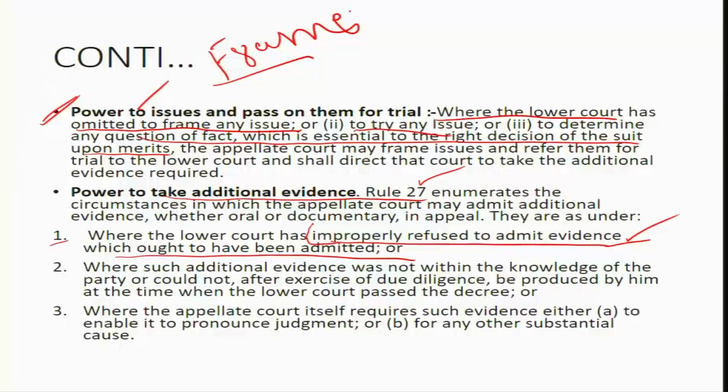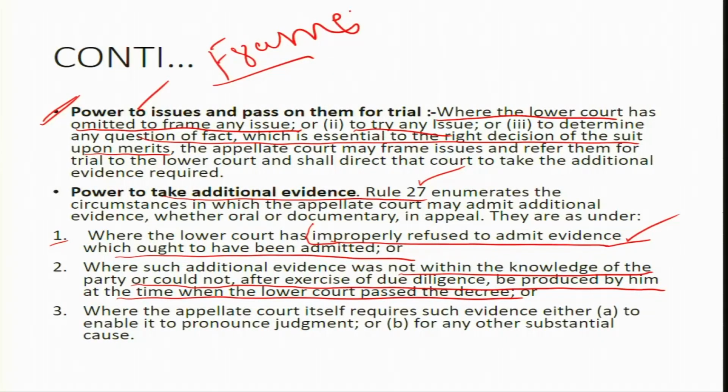Second, where such additional evidence was not within the knowledge of the party, or could not, after exercise of due diligence, be produced by him at the time when the lower court passed the decree. Sometimes this can happen, because there are public documents and private documents. A private document can be in your possession, but a public document, for example a birth certificate from the municipal committee, takes time, or sometimes it is beyond your knowledge.